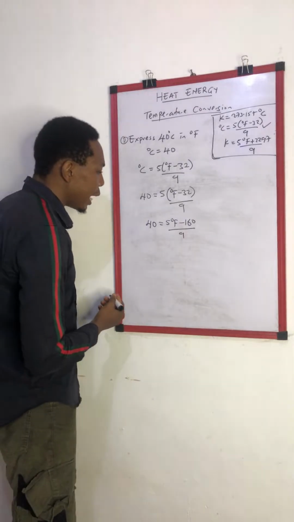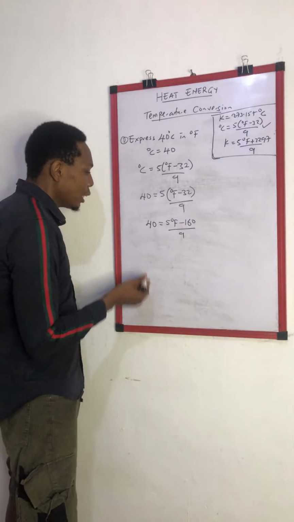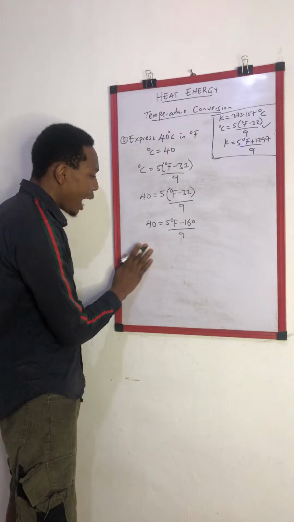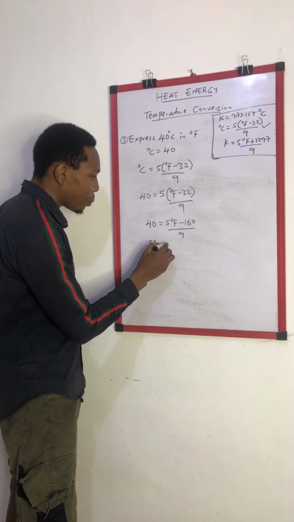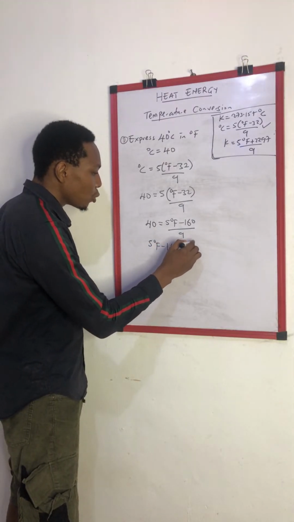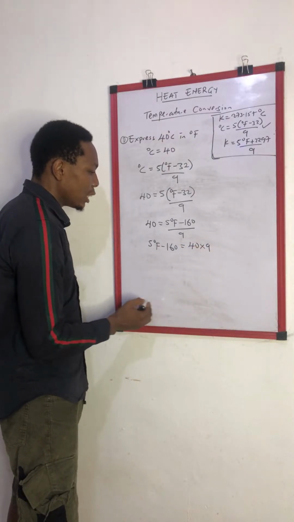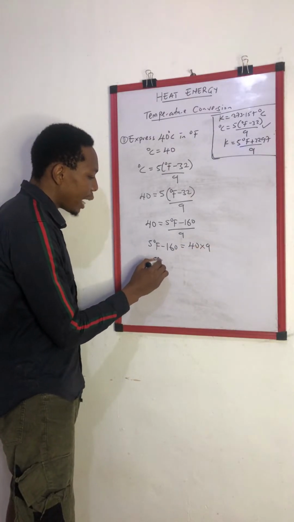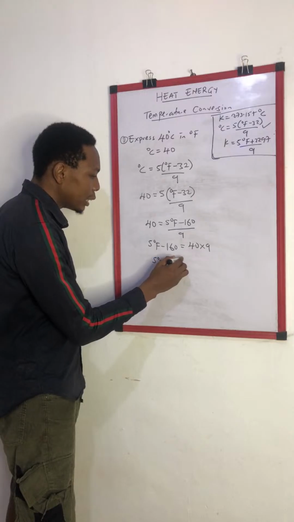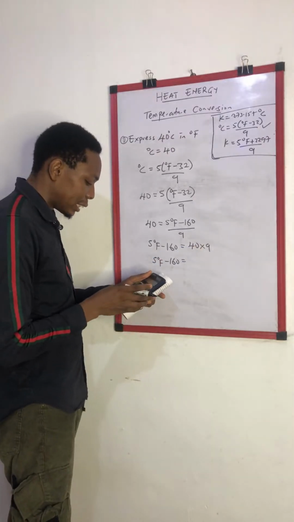So what do you do here? You cross multiply. Now here we have 5 degree Fahrenheit minus 160 equals 40 times 9.